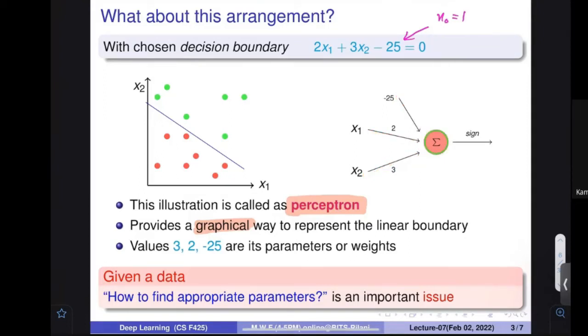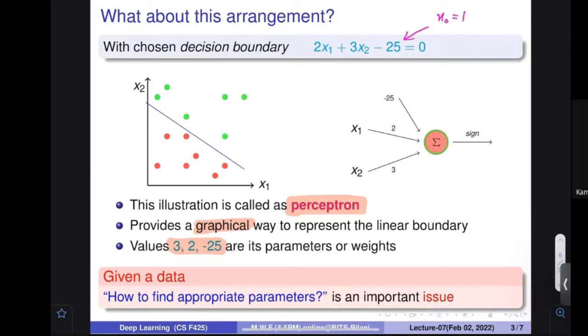How to find out these weights is an important problem, because as you know this would be with respect to the data only. Given a data, if I ask you what the right parameters are, this is an important problem, and many times we want to solve it.